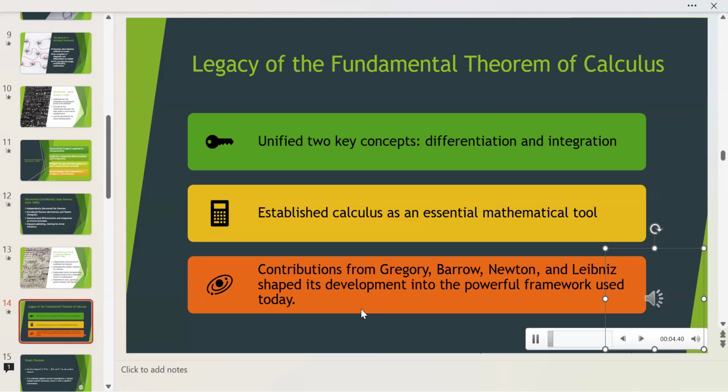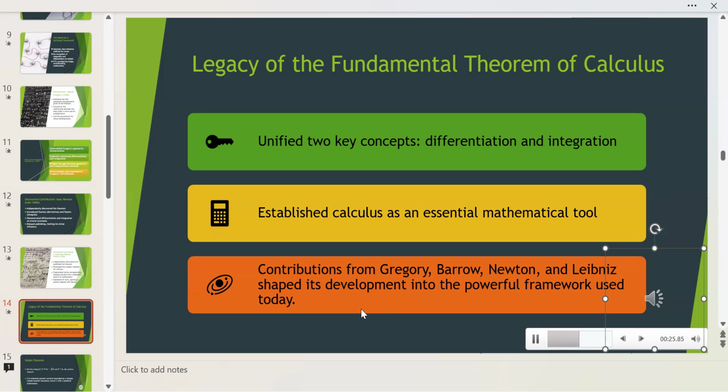So, to conclude part one of our presentation, the legacy of the fundamental theorem of calculus, we know that it revolutionized single variable calculus by linking the definite integral to the antiderivative.